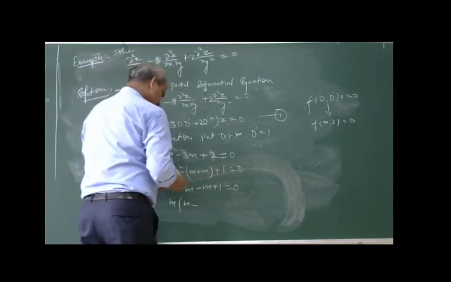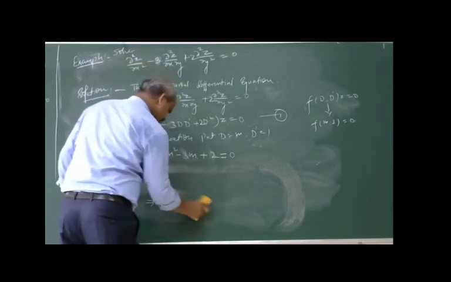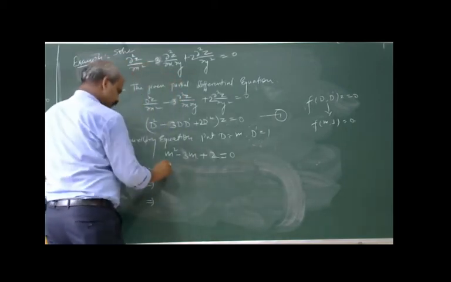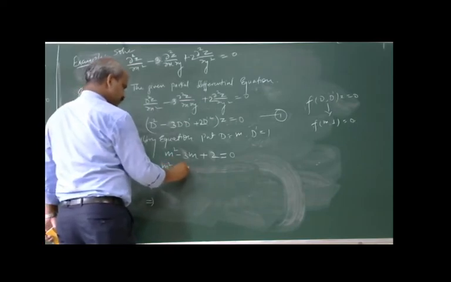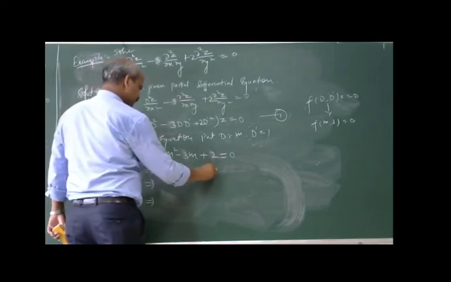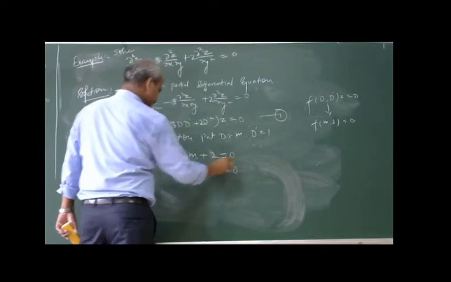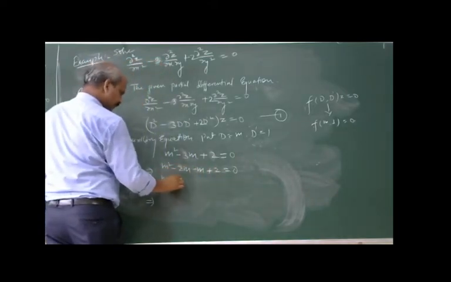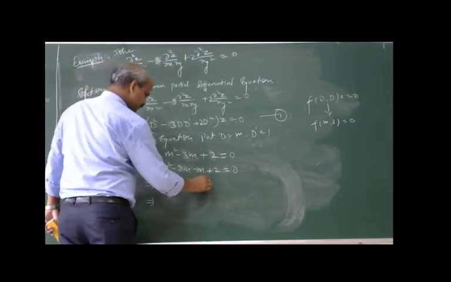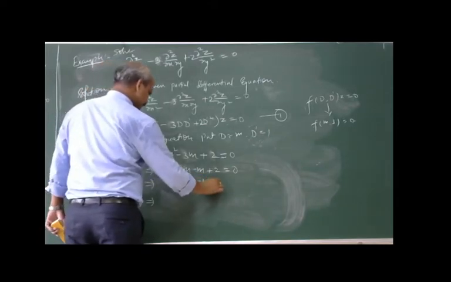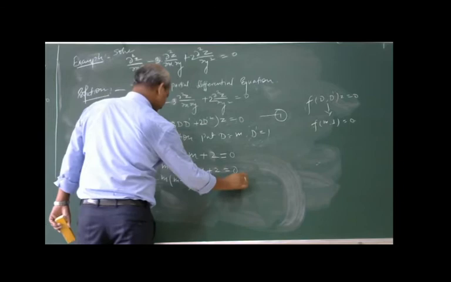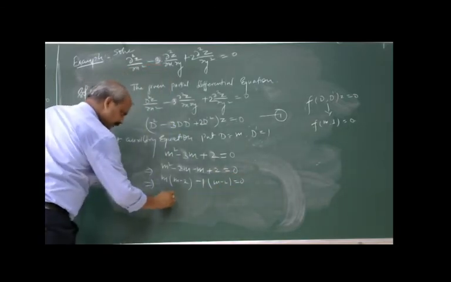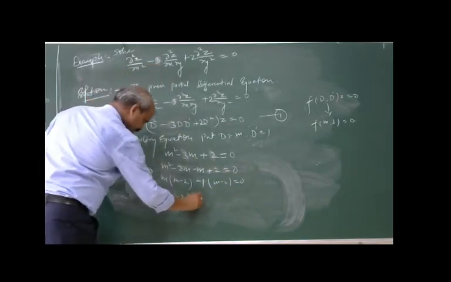This becomes m square minus 2m minus m plus 2 equal to 0. So from here, m taking common, m minus 2, minus 1 taking common, m minus 2 equal to 0. So here m minus 2, m minus 1.